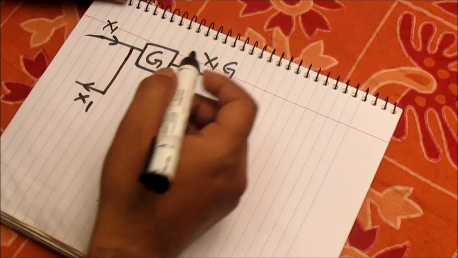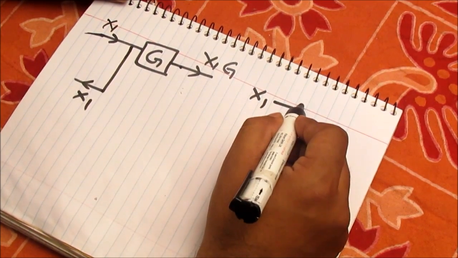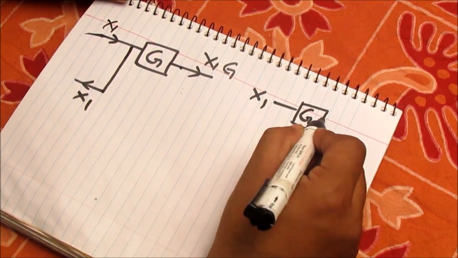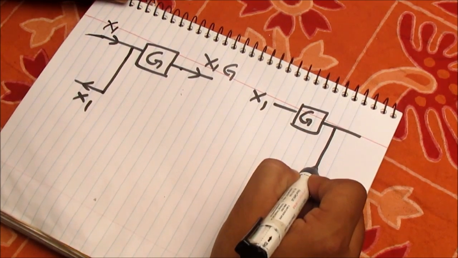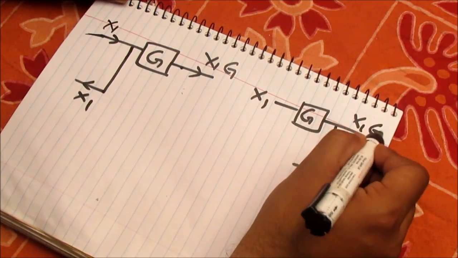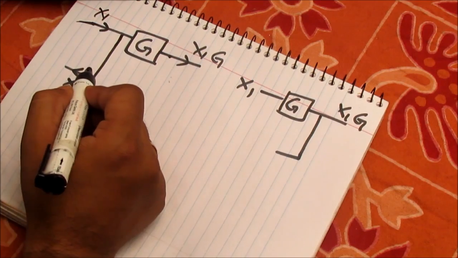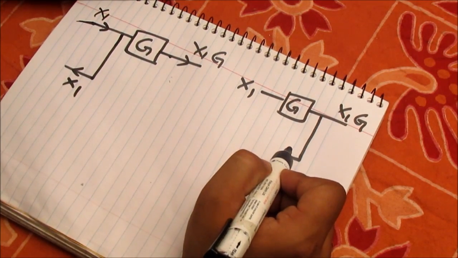So what I will do, x1, then g, and I am placing this block here. So I will get the output as x1g, but the condition is the value of the takeoff point should also be the same.